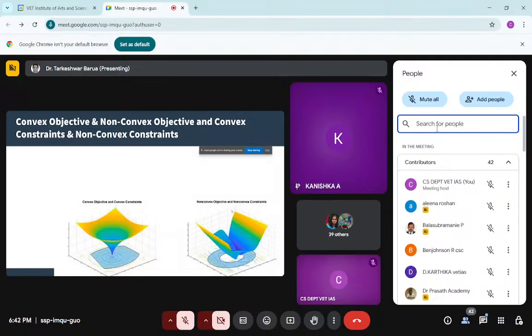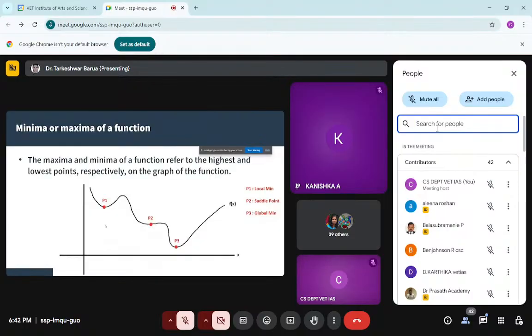On the right-hand side, you can see a non-convex objective and non-convex constraint. So this is the difference. Obviously, this is the best and easiest way to optimize our model. That's the best approach.